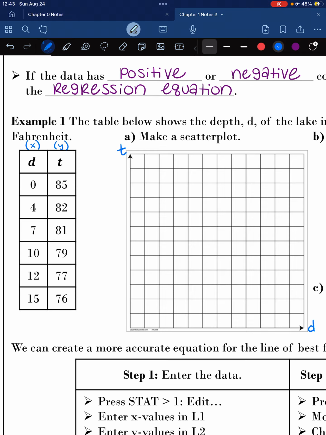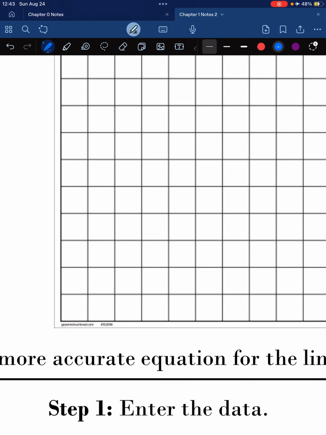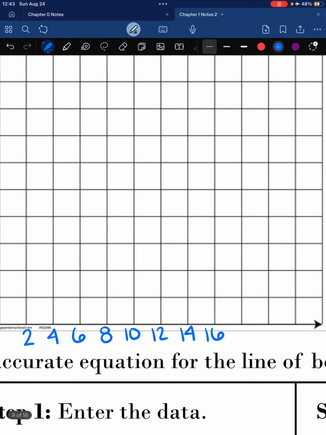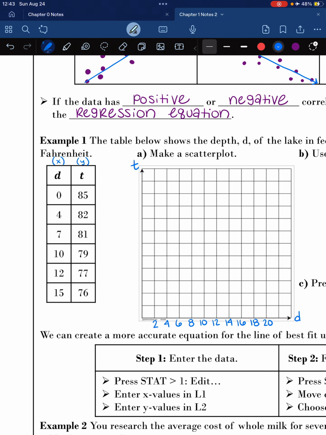Okay, and my data for my x's look like I need to get up to 15, so maybe I'll count by 2's here. So I'll go ahead and label that 2, 4, 6, 8, 10, 12, 14, 16, 18, 20, and that's good enough because I only have to get up to 15. Okay, and my temperature, we always want to start at 0, so I don't want to do a jump on my y-axis here, but I do need to get up to 85.